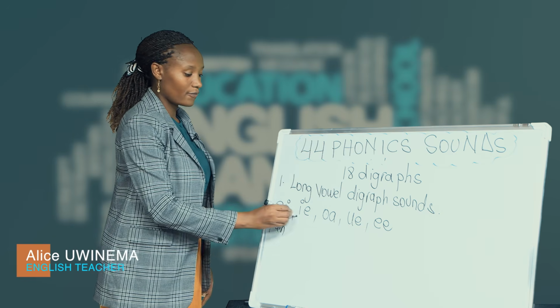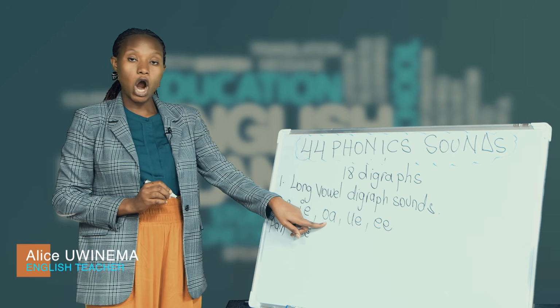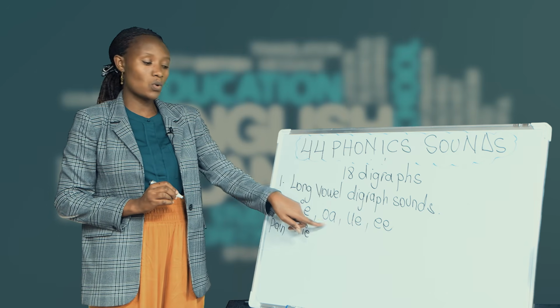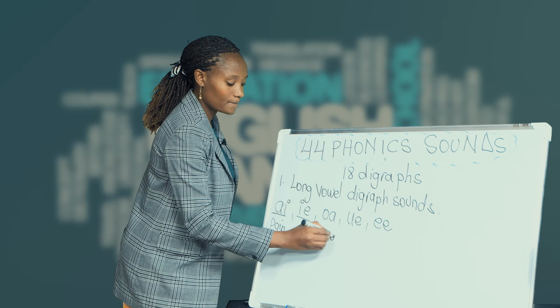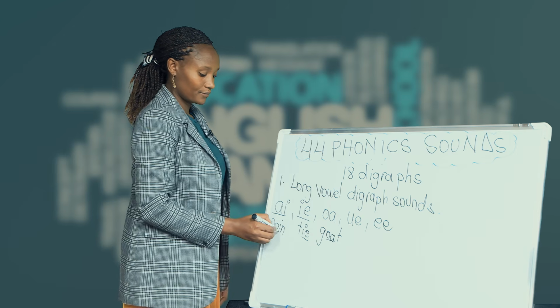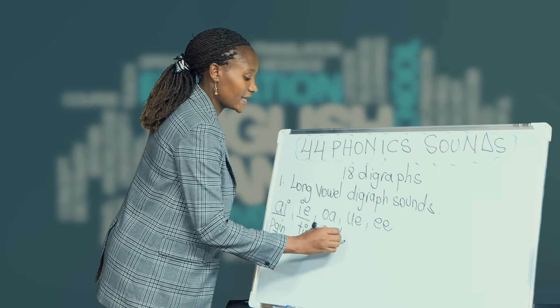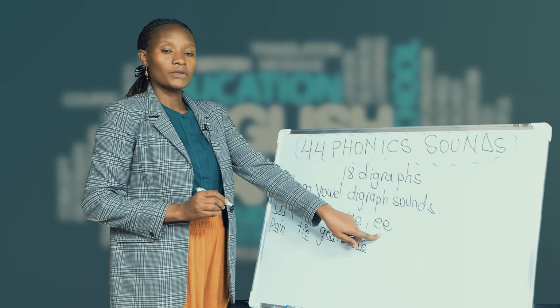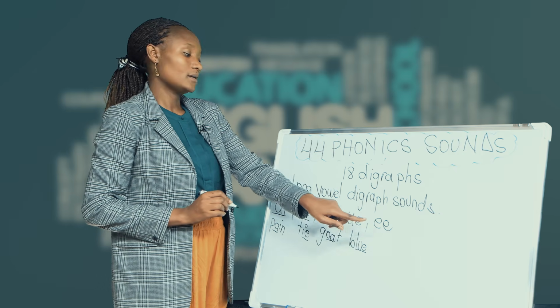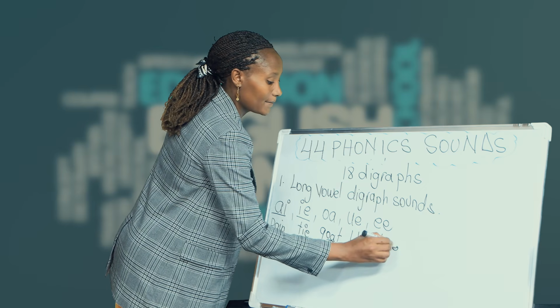With I, we have words like tie. With O, we have words like goat. With U, we have words like blue. With E, or long E, we have words like bee.